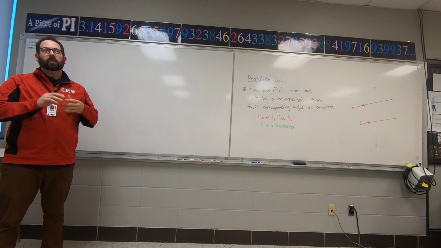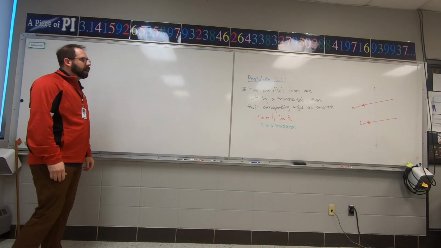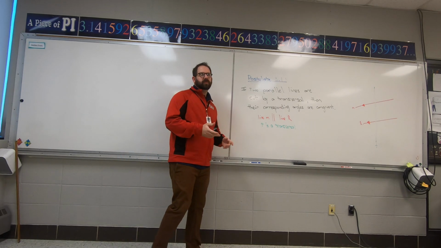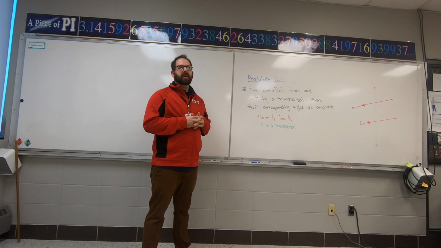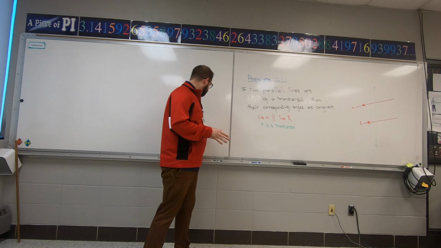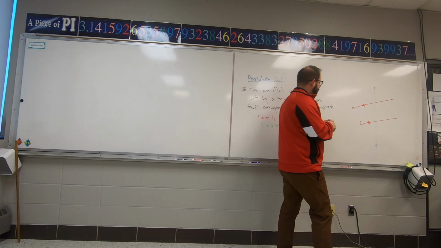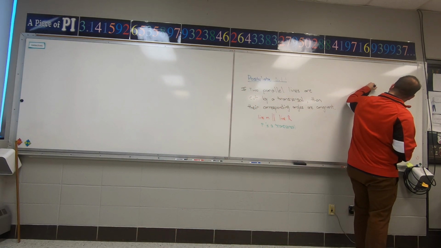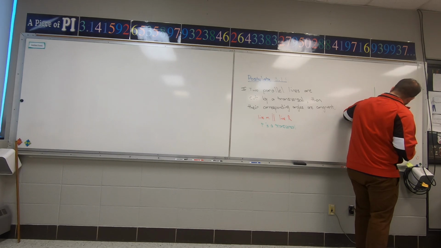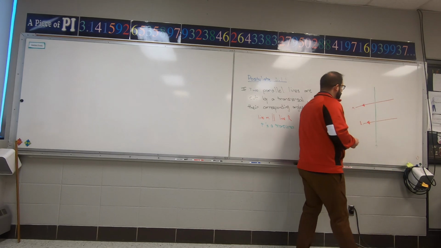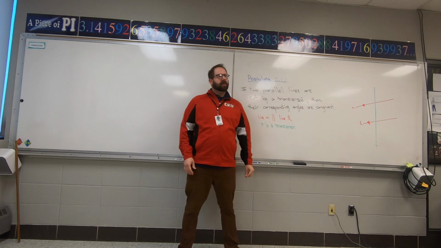All right, so let's discuss this. We have my parallel lines, we have a transversal. I need to know where the corresponding angles are. So I'll make this line a little bit darker and get some better markers today. All right, so there's your transversal.